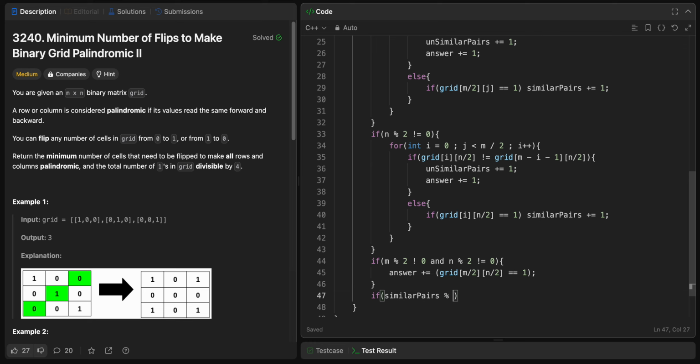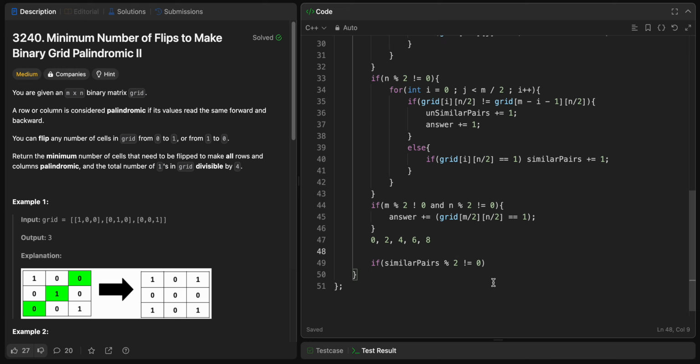If similar pairs percent 2 is equal to 0, or if similar pairs are from 0, 2, 4, 6, 8, if there are 0 similar pairs, it would be 0. If there are two similar pairs, in one similar pair there are two elements, two ones, and in two similar pairs there would be four ones, and in four similar pairs there would be 8, it would be 12, it would be 16, right?